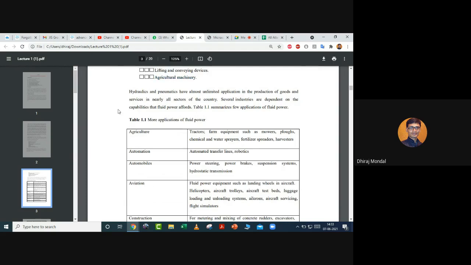The hydraulic and pneumatic systems have almost ultimate application in the production of goods and services in nearly all sectors of the country. Several industries are dependent on the capability that fluid power affords. Here you can see agriculture. In agriculture, what are the applications?